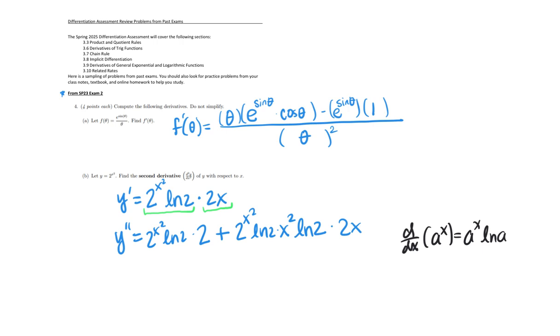So if this is f and this is g, I have f g prime plus f prime g.